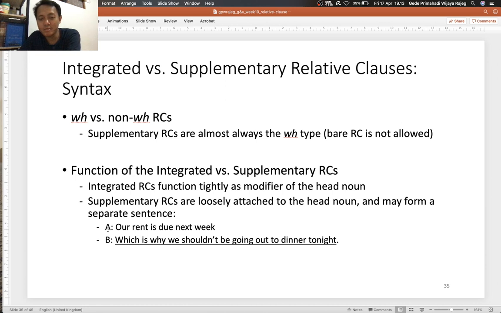That said by B is a supplementary relative clause, and it can stand alone as a separate sentence. But the integrated one cannot be uttered separately, like in this example, so it needs to attach tightly to the head noun.